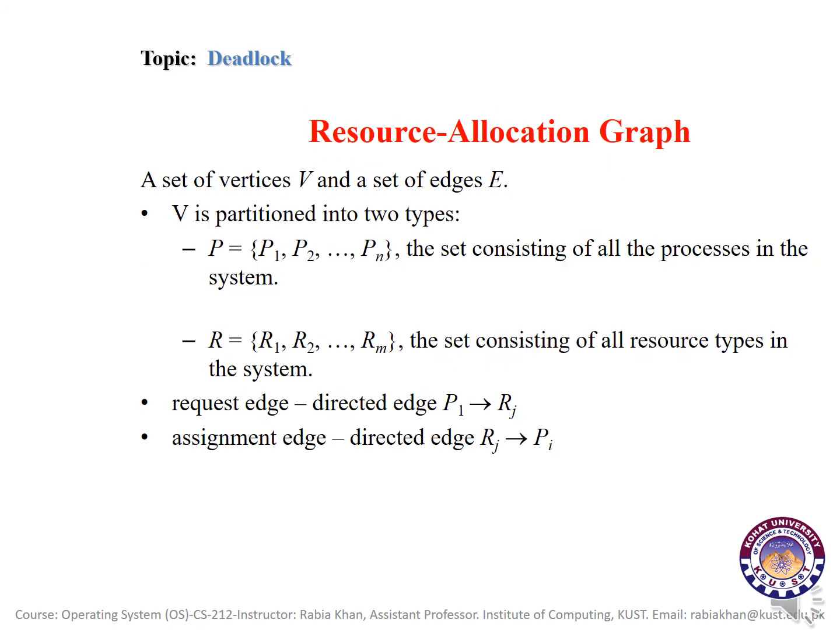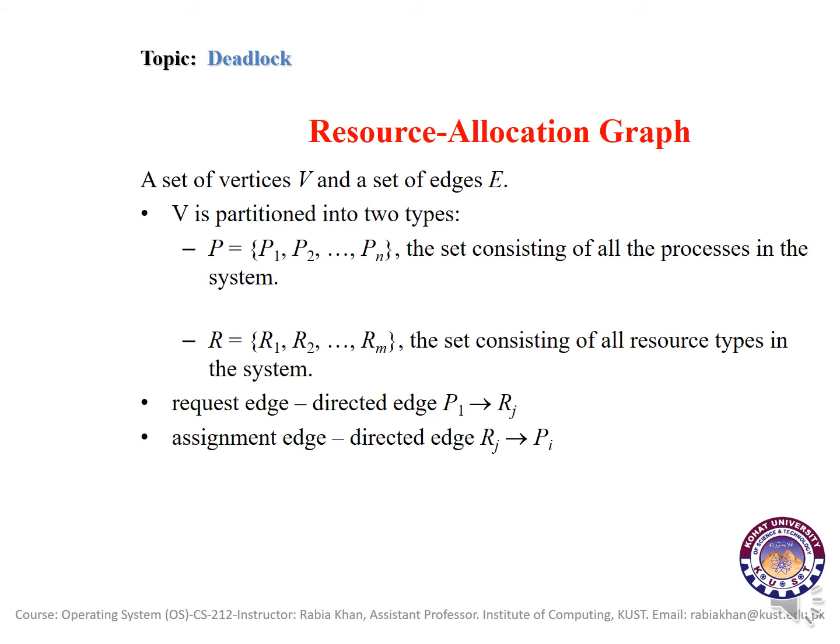Now we are going to create resource allocation graph. Resource allocation graph will represent the pattern how resources are allocated to different processes. As we have already mentioned earlier, resources are represented with alphabet R and processes with alphabet P. So now we need to connect resources and processes using some edges. Two types of edges are mentioned here: request edge and assignment edge.